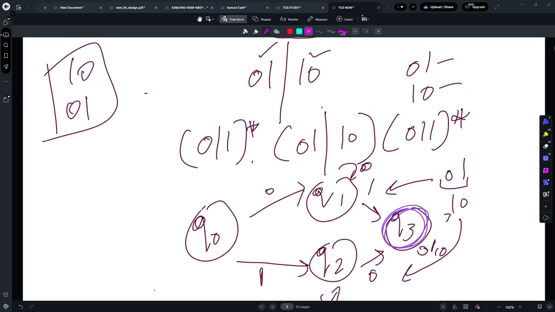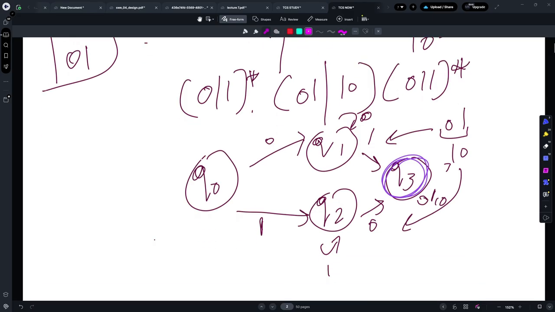Not actually as many times as you want, because you select one of these, meaning that you either select this or this. But still, at least 1, 0 and 1, 1 is included. Even in this, at least 1, 0 and 1, 1 is included. And then you can just do whatever you want after that.